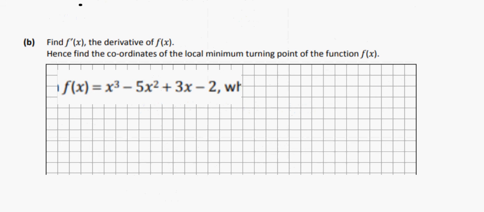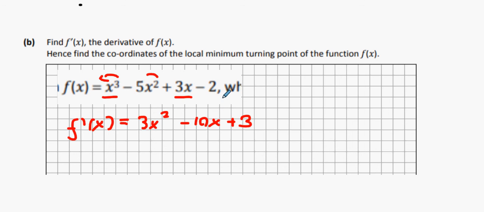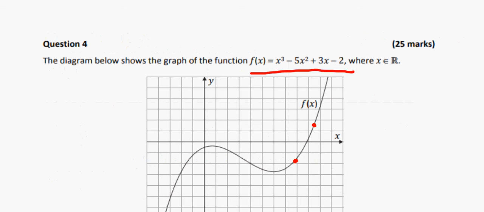Alright, the derivative. Alright, Peter, what's the derivative of this? Bring the 3 to the front. Yeah. Bring the 2 to the front. Get rid of the x. What happens to any regular numbers? No. First derivative means when is the slope equal to 0.